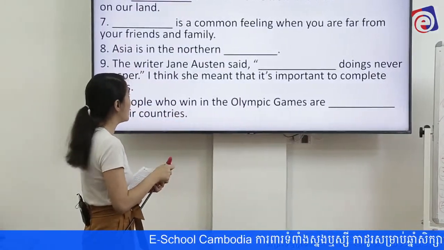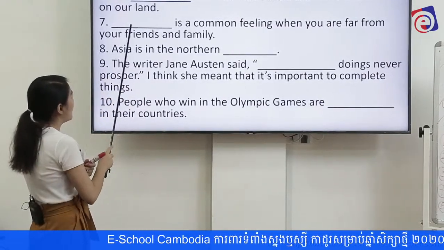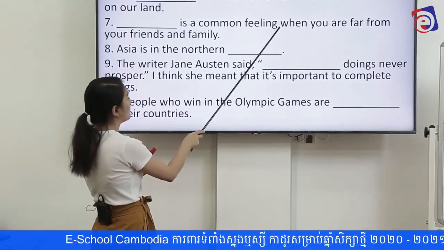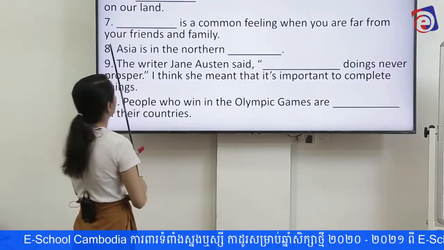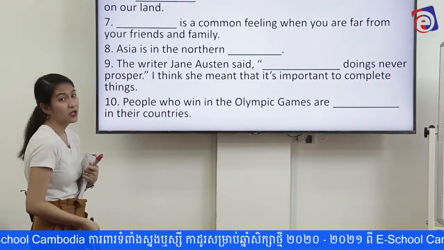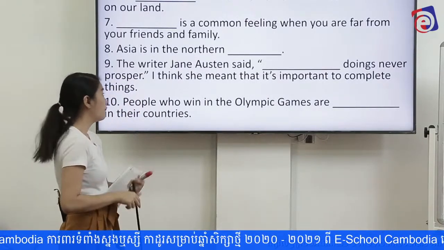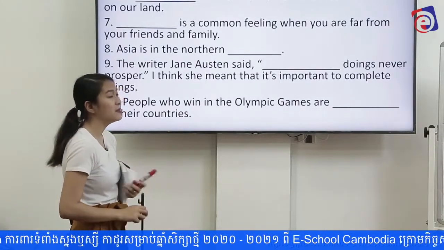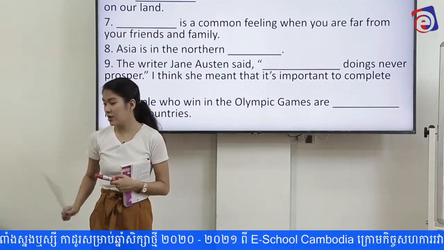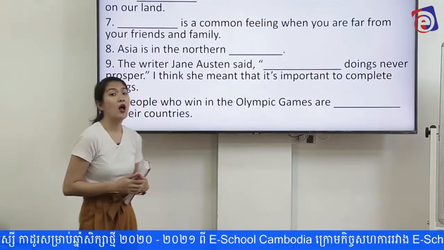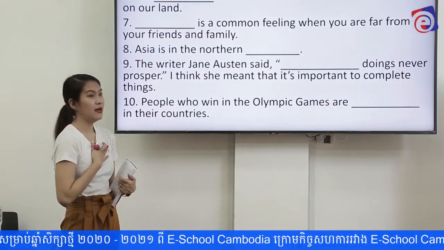Next, let's go to number 7. Blank is a common feeling when you are far from your friends and family. So what do you feel if you are far from your friends and family? The answer is loneliness, right?